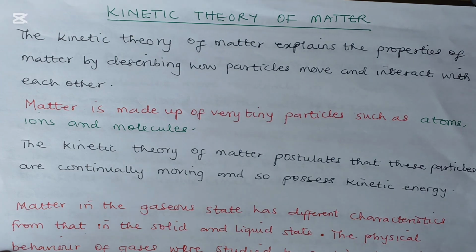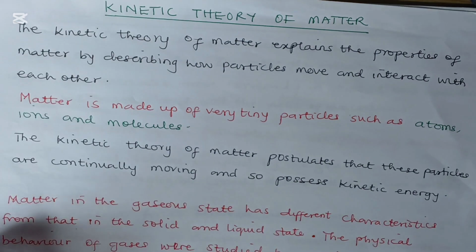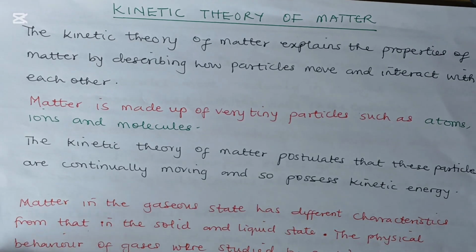If you look around you, anything around you has particles inside. They are made up of substances inside them, and that's why they have mass. So the kinetic theory of matter postulates that the particles of matter are continually moving and they possess kinetic energy because they are moving.